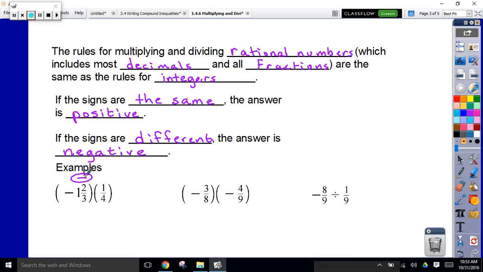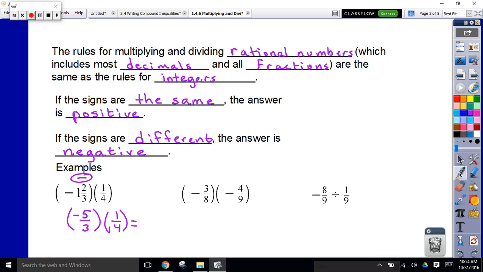How do I do that? You multiply 1 times 3. Okay, so 3 times 1 plus 2 is 5. So I'm going to have now negative 5/3 times 1/4. Can I cross simplify at all? Victoria, is there any way I can reduce if I look at the diagonals on this one? No, I can't. So you just times across.